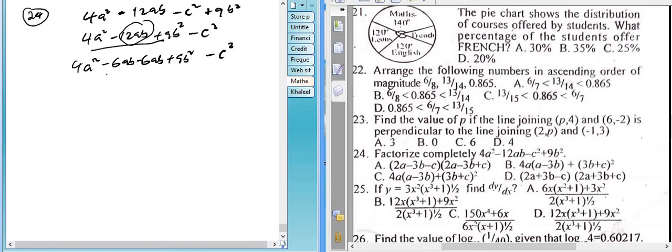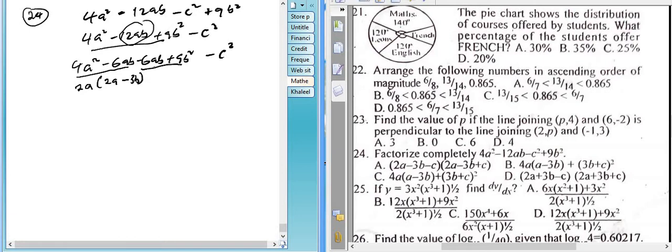From here we can factor out 2a from the first two terms: 2a(2a − 3b).